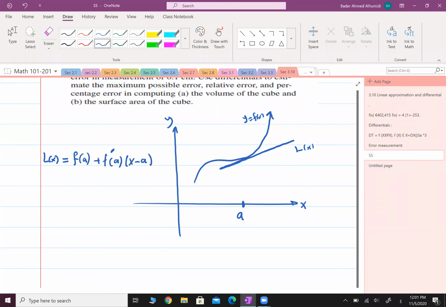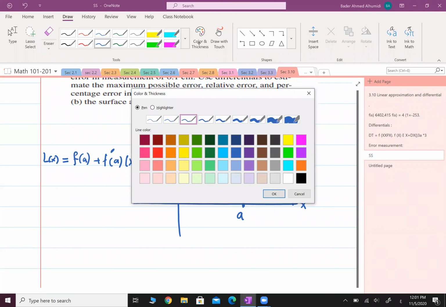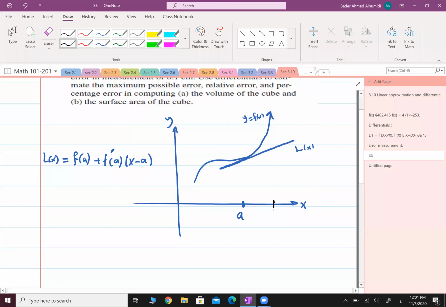Okay, this is called linearization. What is the differential of the function at that point? We said if we move a distance from A to A plus delta x, or you can say A plus dx, the same, then you have a real increment, an exact increment that can be found by using the function itself.